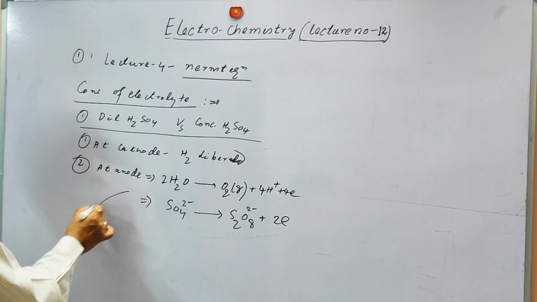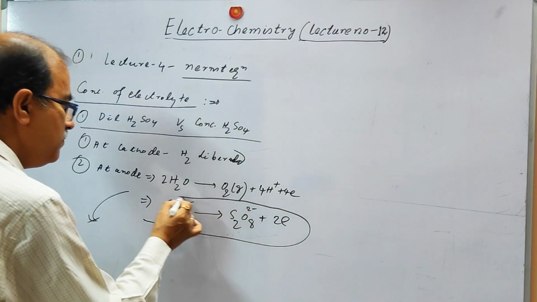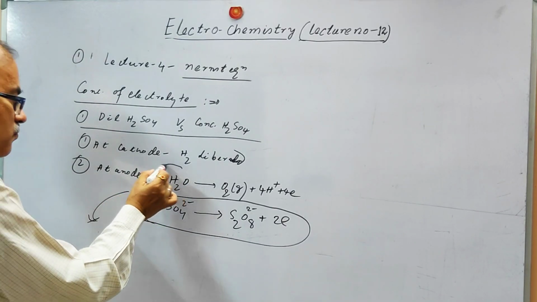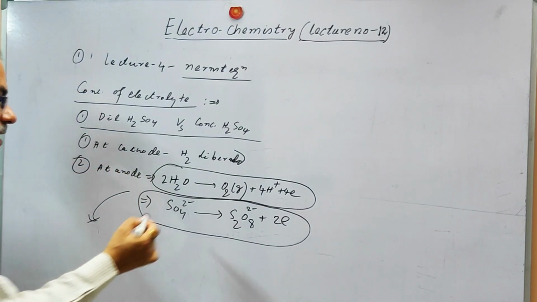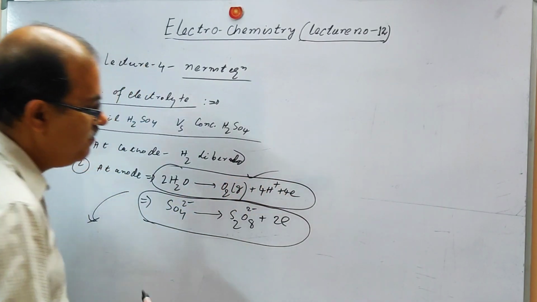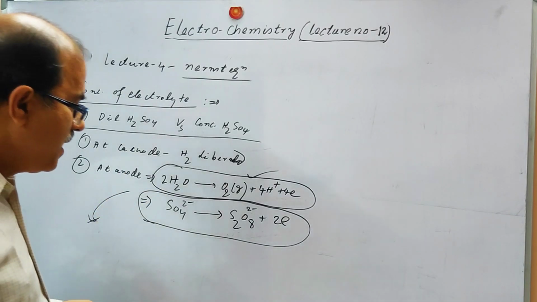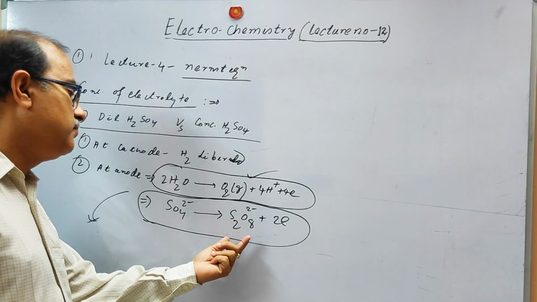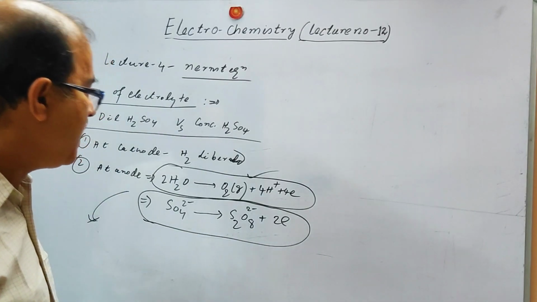When there is a high concentration, this reaction will be the preferred reaction. And when the acid is dilute, the other reaction will be preferred. At that time we will find oxygen at the anode, or when it is concentrated, peroxydisulfuric acid is going to be produced at the anode.